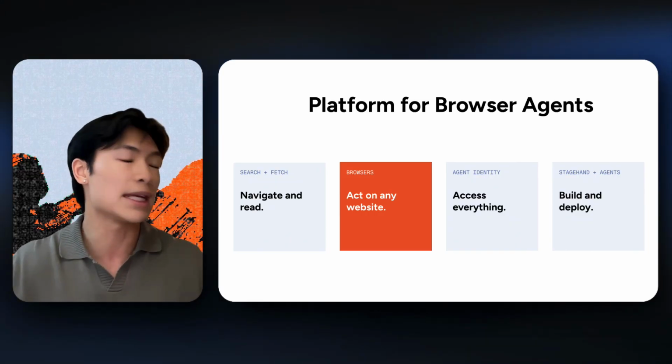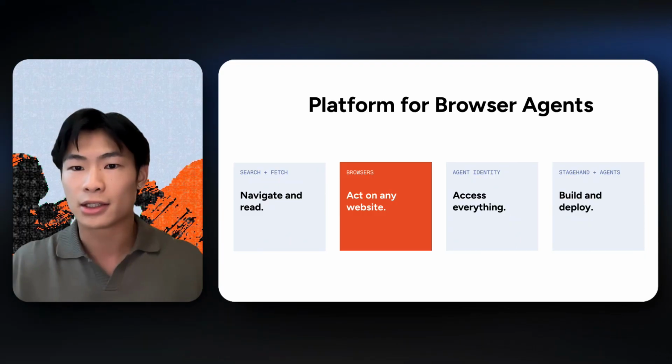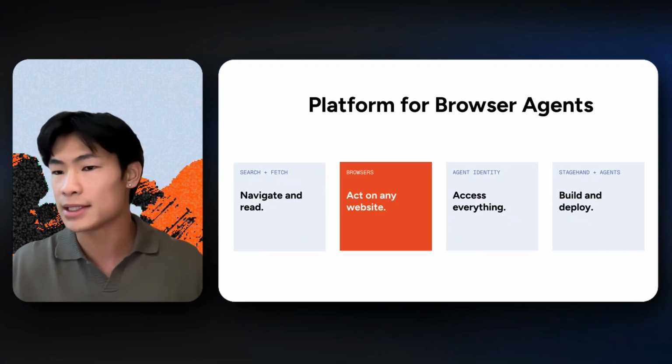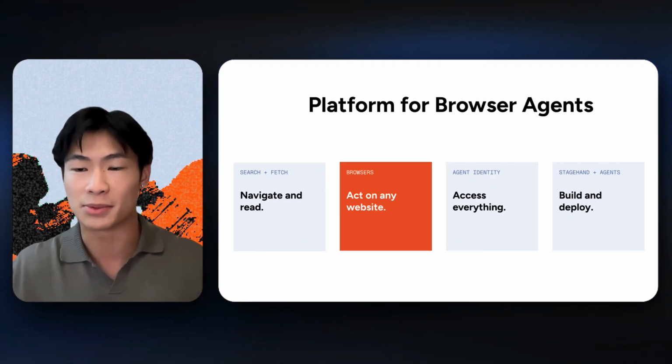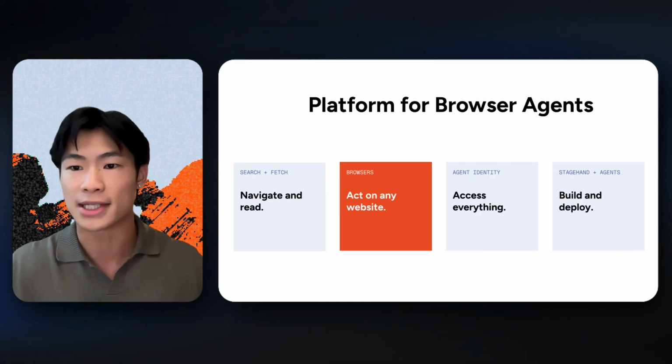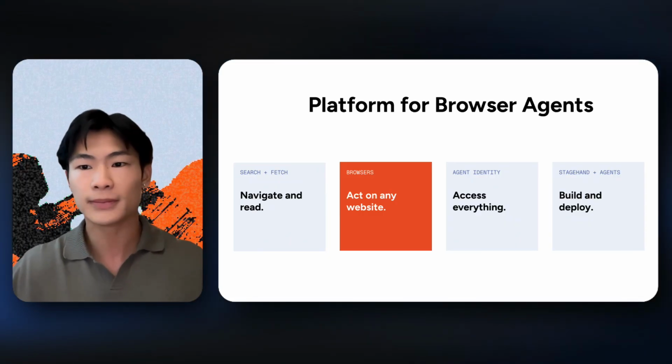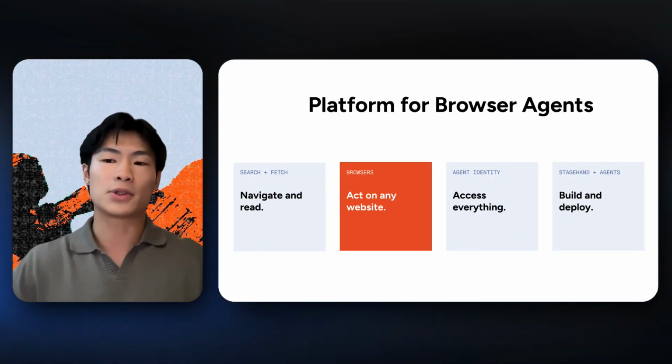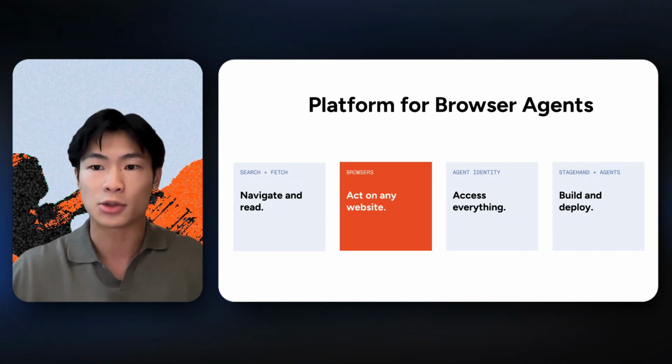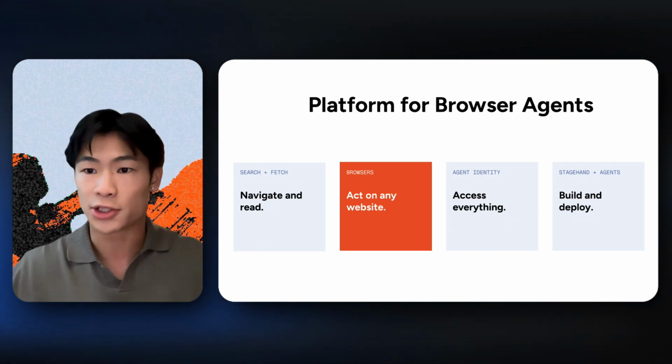So think of any mundane task that you do at work that could be automated, likely is easily automatable with Browserbase and the browser agents that you can build on our platform. And so we give you all the primitives that you would need to give an agent proper internet access, starting with search and fetch.